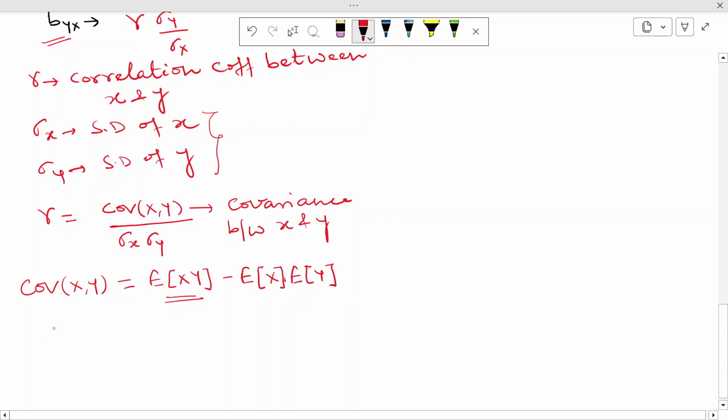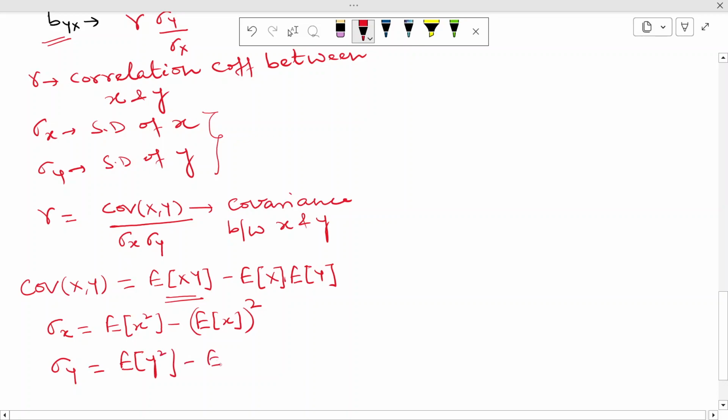Now further, sigma x can be obtained by using the expectation of x square and the expectation of x with this formula, and similarly sigma y can be obtained using this formula.